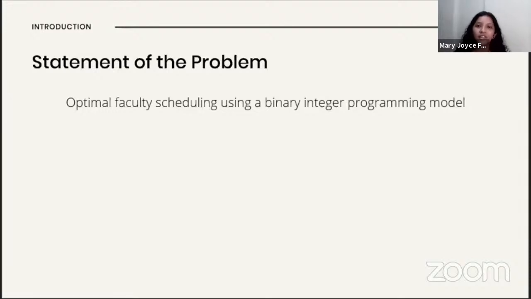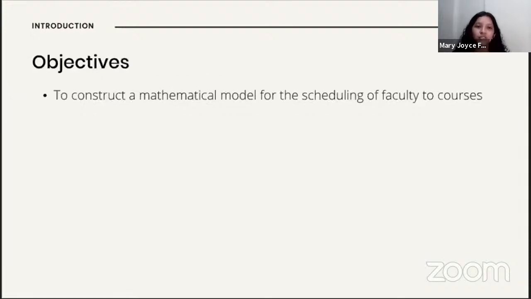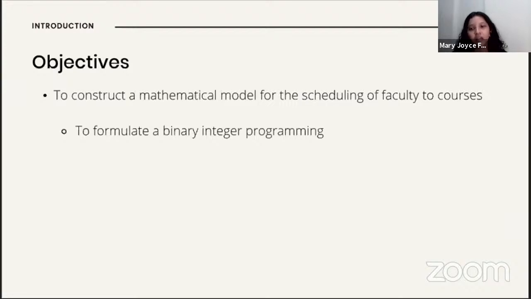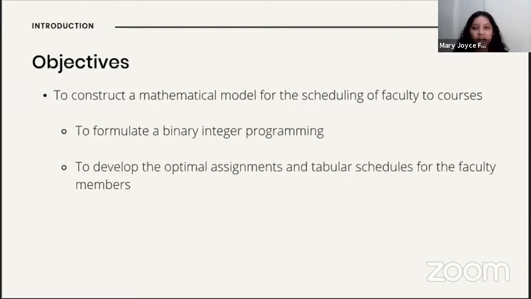By solving for this, we want to achieve these objectives. First, to construct a mathematical model for the scheduling of the faculty to courses. To have a model, we need binary integer programming to formulate it. Next is to have optimal assignments for the development of tabular schedules.